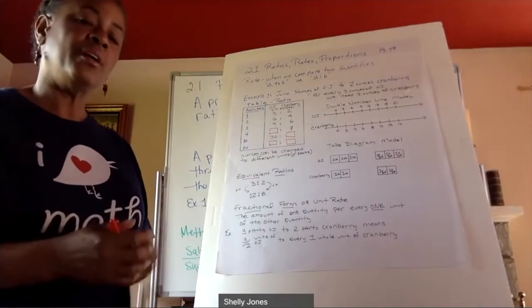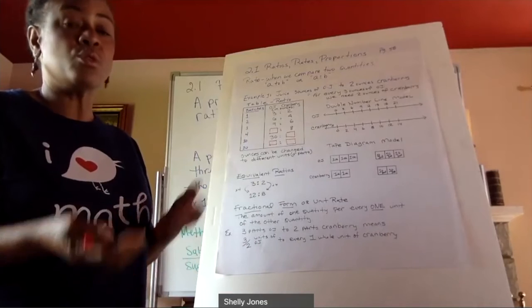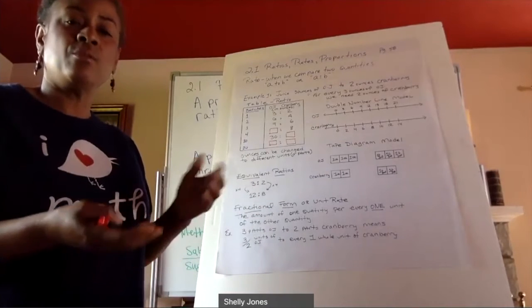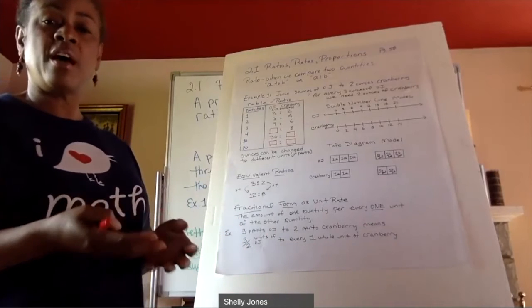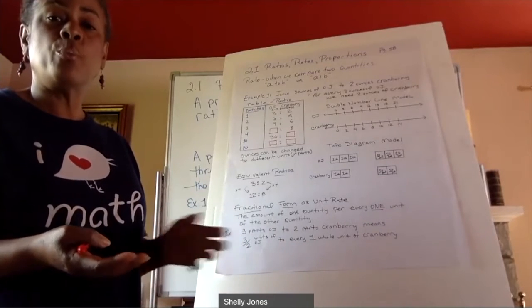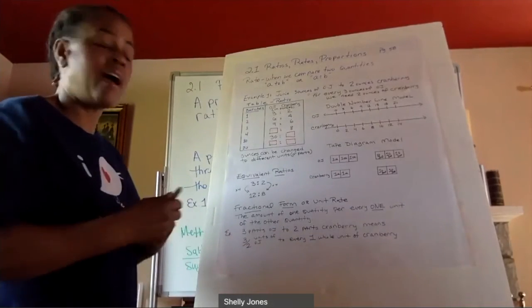Think about it. 3 to 2 means 1.5 to 1, right? What's half of 3? 1.5. What's half of 2? 1. So basically, 3 to 2 became 1.5 to 1.